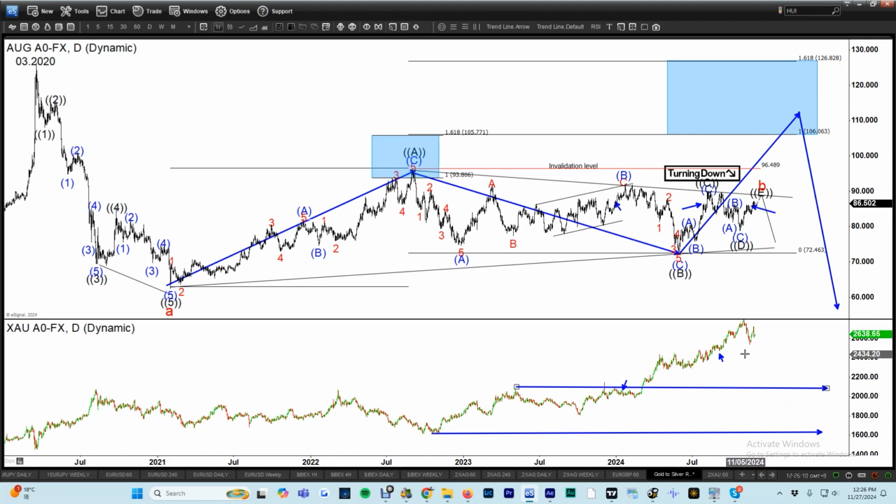If we do that, then gold, currently around 2,600, will have to drop by around 25%, right? 2,600 to 2,000 is a 600 drop out of 2,600, so it's around 25%, slightly below 25.